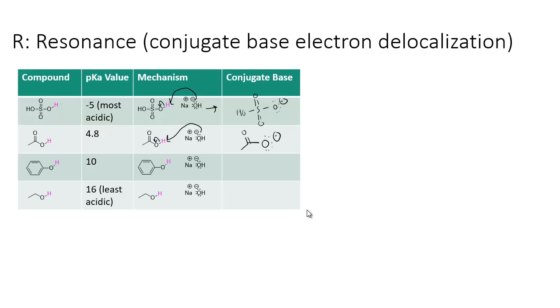And for our phenol, we have these electrons going to take that proton. The electrons in that oxygen-hydrogen bond go to sit on the oxygen, and we still have our aromatic ring. And now our oxygen has a negative charge.